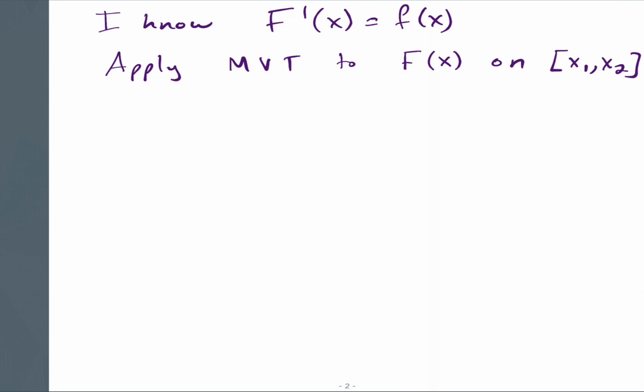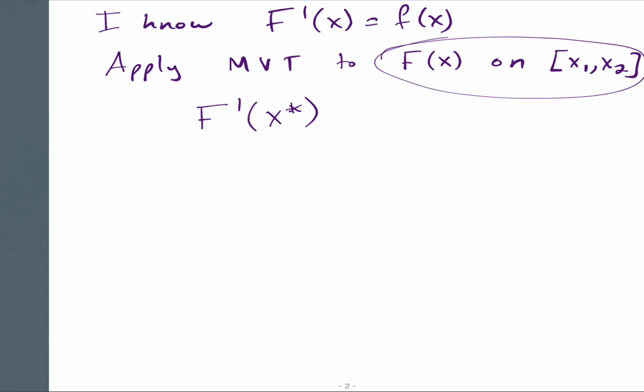So what is the mean value theorem? If you apply it to this function on that interval, you would say that there's a point in there where the derivative of this function is equal to f of x2 minus f of x1 over x2 minus x1. That's just the mean value theorem.